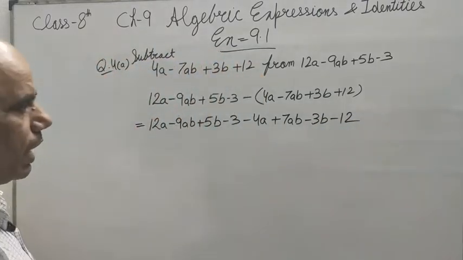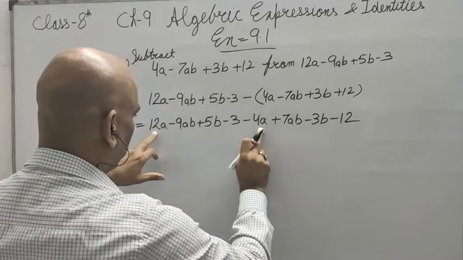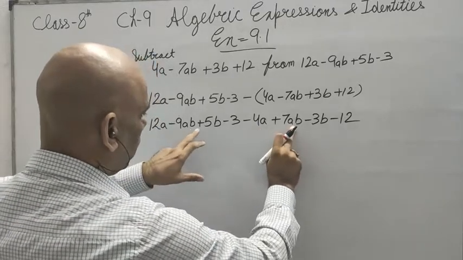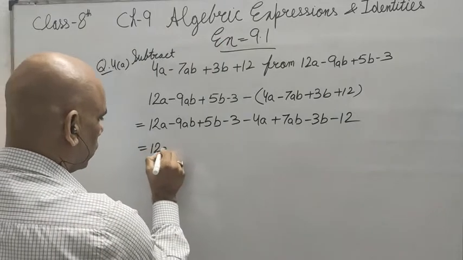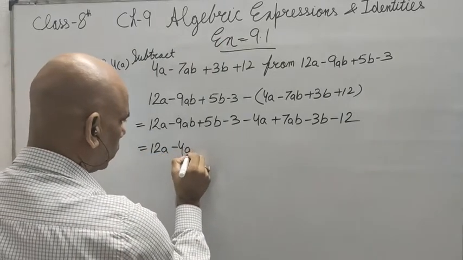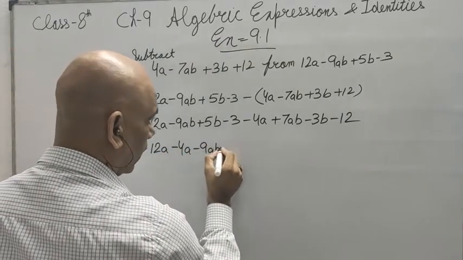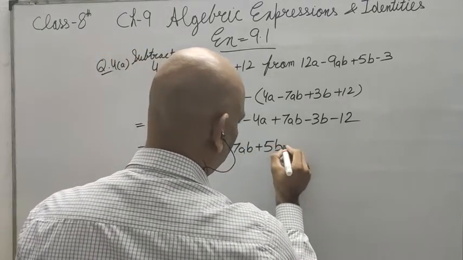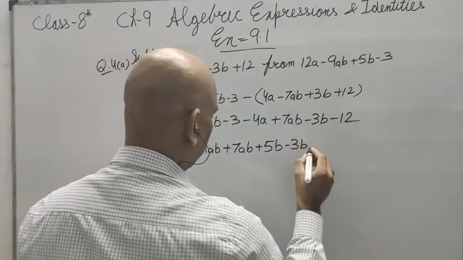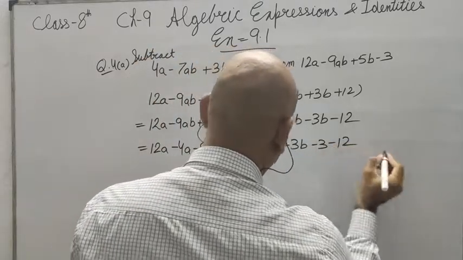Now I am going to get some like terms: 4a and 12a, 9ab and 7ab, 5b and 3b, 3 and 12. So I got 12a minus 4a minus 9ab plus 7ab plus 5b minus 3b minus 3 minus 12.